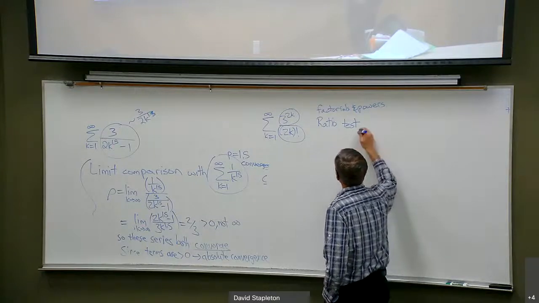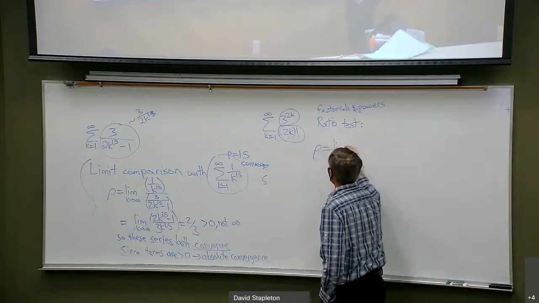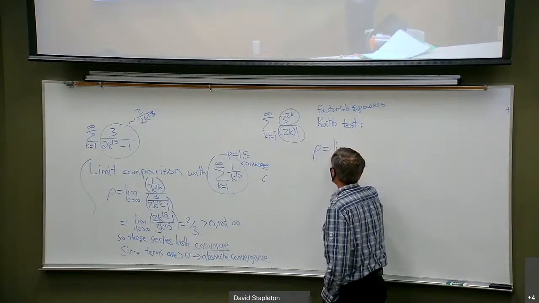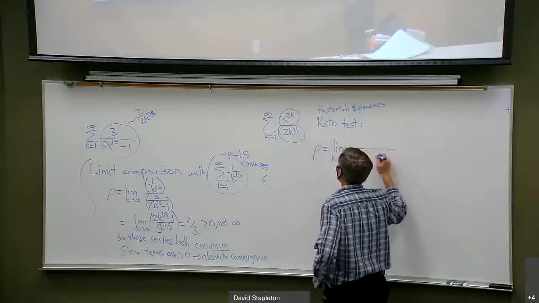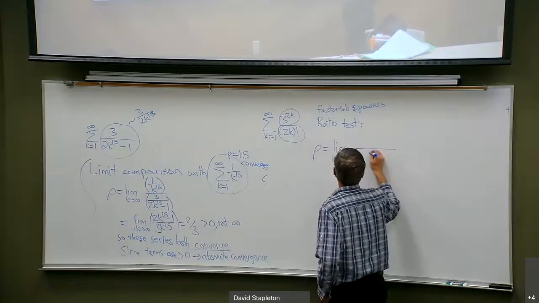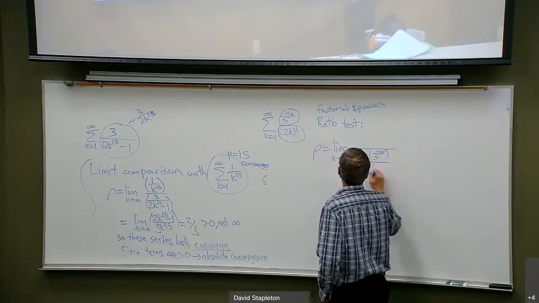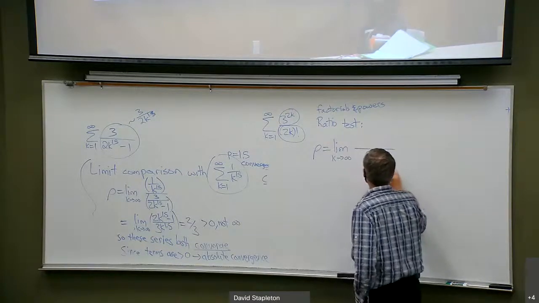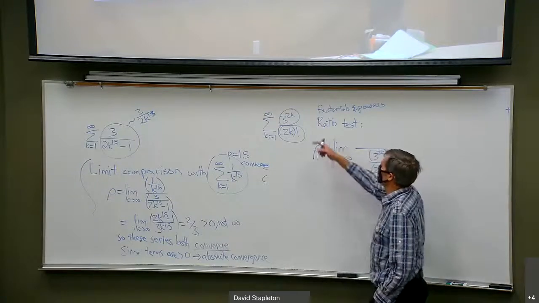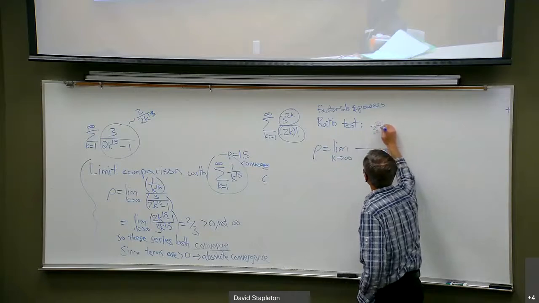All right, the ratio test on this one says you compute rho equals the limit of the quotient of successive terms. K goes to infinity of the k plus first term over the kth term. So the kth term is just 3 to the 2k over 2k factorial. And how do you find the k plus first term? You just put parentheses wherever you see k there and put in k plus 1.